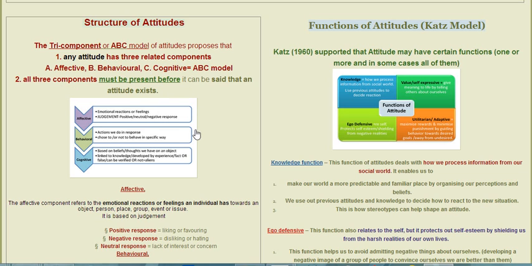And all three components have to be present to have a specific attitude. So I need to have the affective, that is the emotional component in there, the behavioral, the action of this emotion, and the cognitive part of it. I need to be thinking that. I need to believe that.